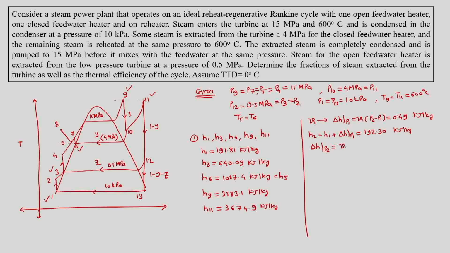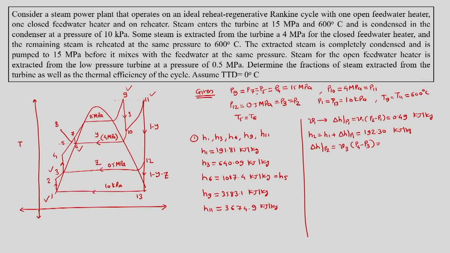Then we can find out delta HP2, which is nu 3, specific volume 3, into P4 minus P3, and this is 15 megapascal minus 0.5 megapascal, so 500 kilopascal, into specific volume.